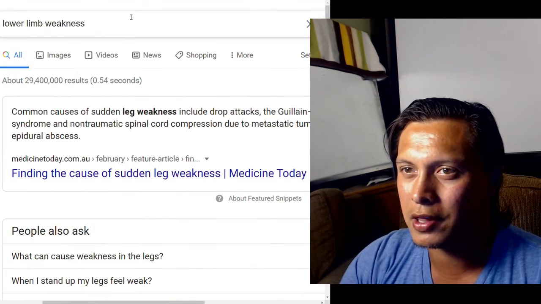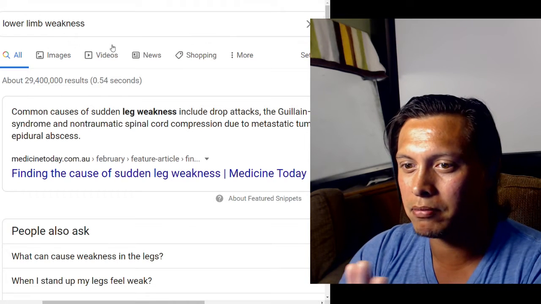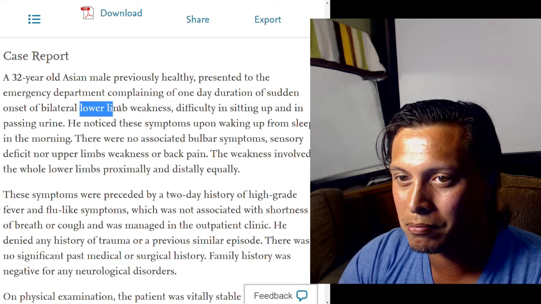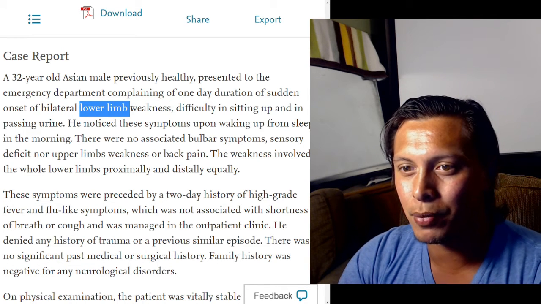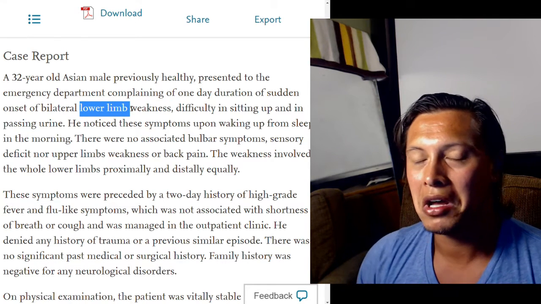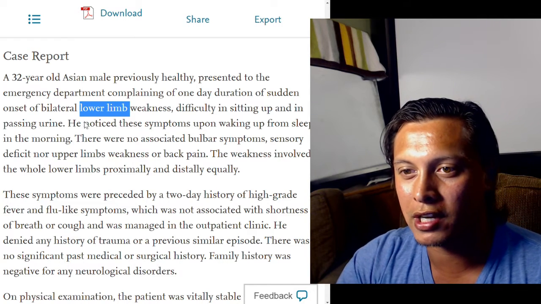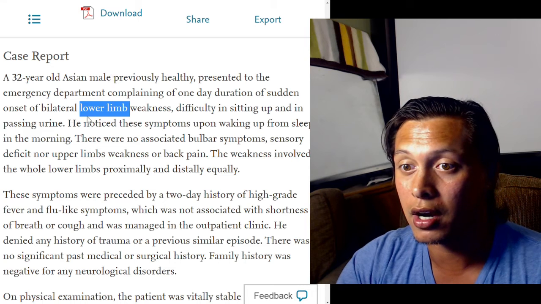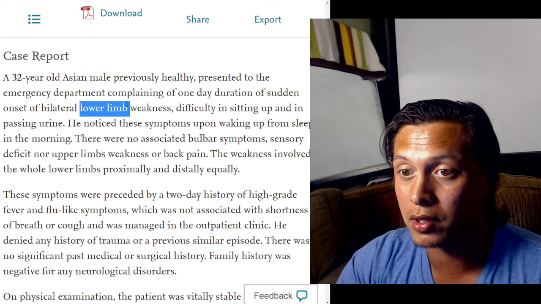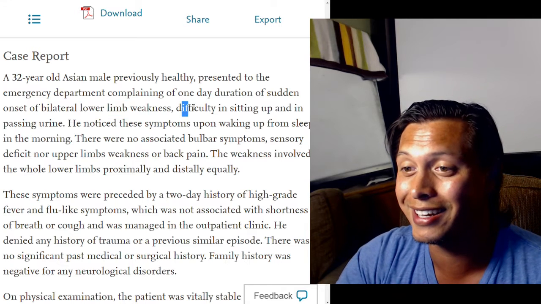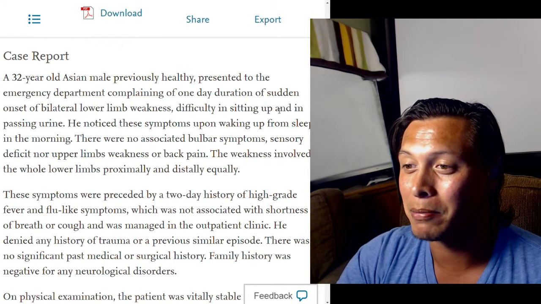If you are in the medical field, I might just be screwing this up, but I believe lower limbs means legs. But yeah, we'll leave it at that. There might be a specific reason why they're saying lower limbs, or I'm just stupid, and there might actually be a difference between lower limbs and legs. So if you are in the medical community, could you enlighten me? Because I think I might be a little dumb here.